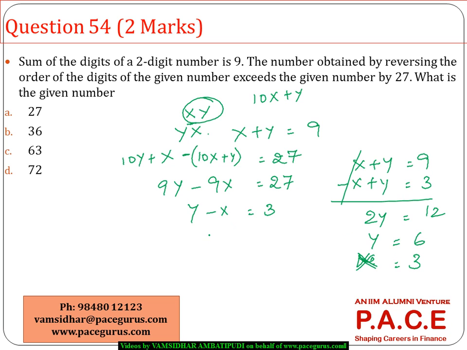So the number is coming out as 36. If you reverse it, it becomes 63, which is greater than the original number by 27. So even that is working out. So I can mark the answer choice in this case as B, which is 36. Moving on to the next question now.